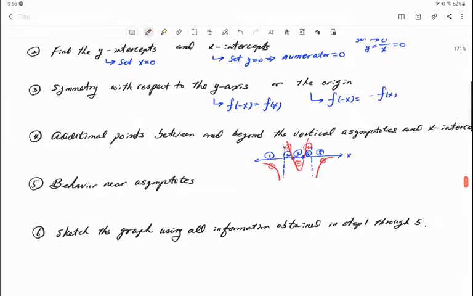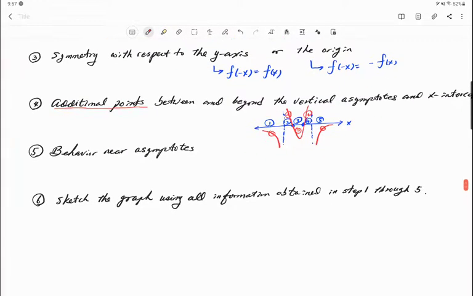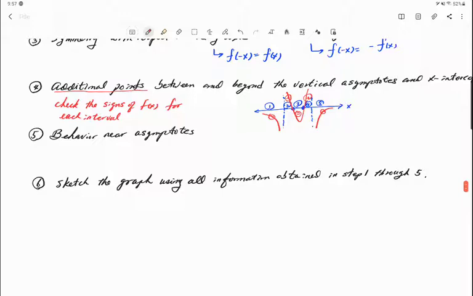So it's really important to check additional points so that we can find out the sign of y. So check the signs of f of x for each x interval.